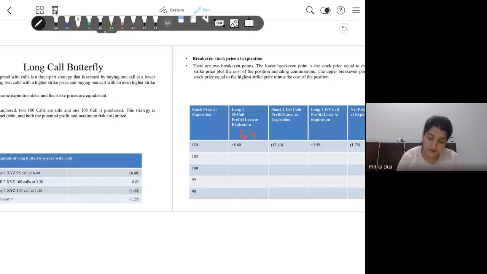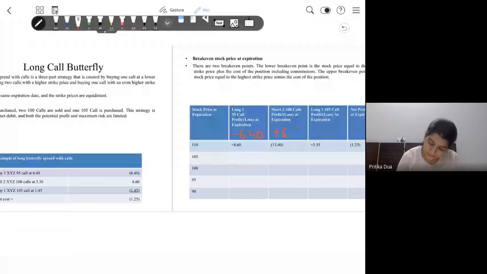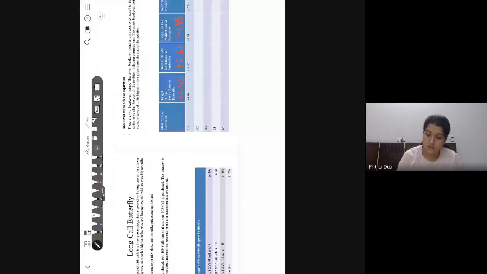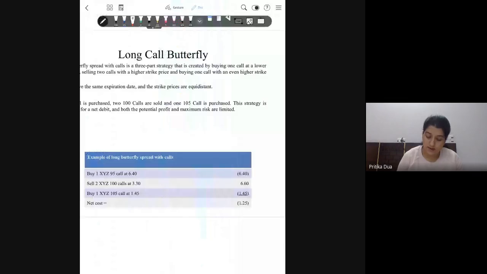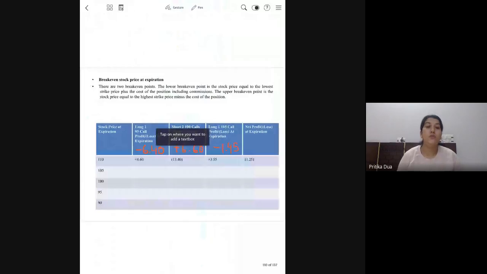You are paying 6.40 here. You are receiving 6.60 here. And you are making a payment of 1.45 here. Okay, so in this manner, we try and see what is the payoff from each of the possible spot rates.